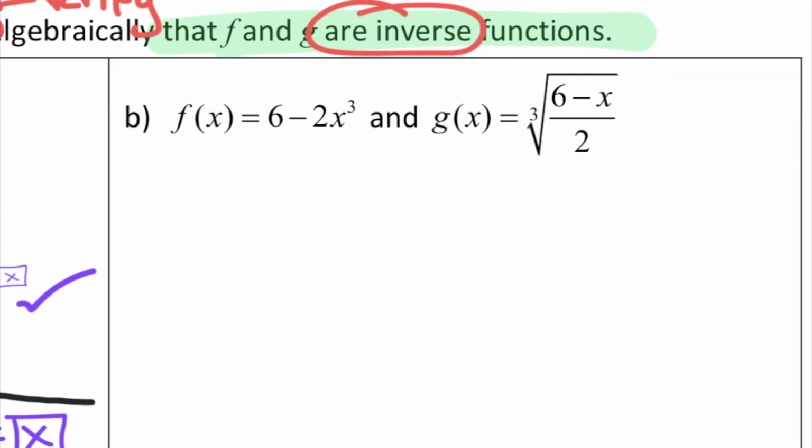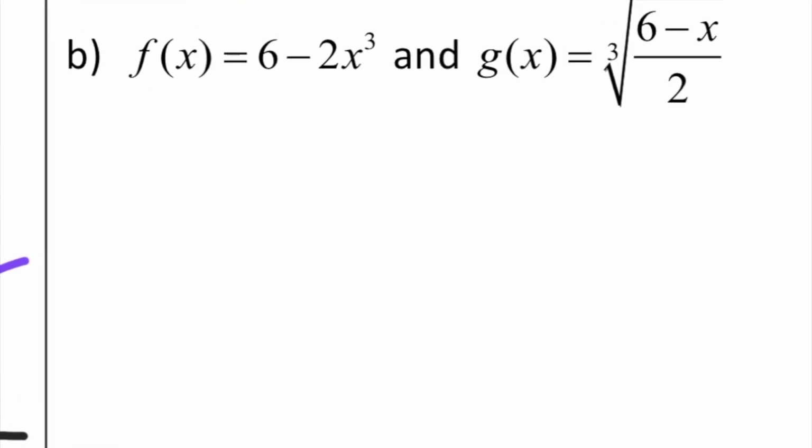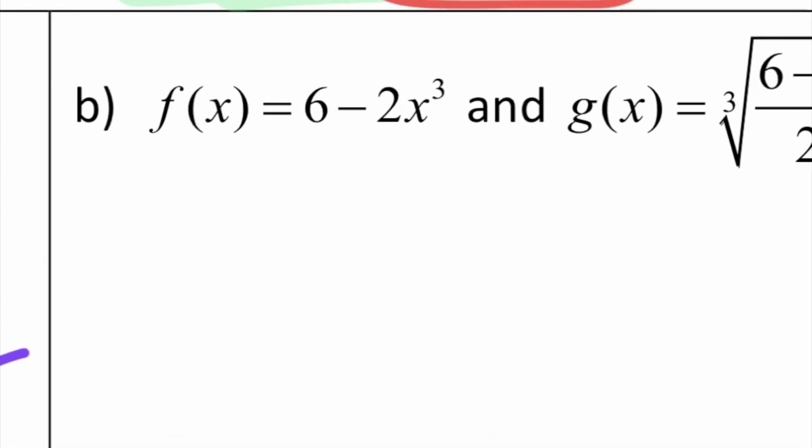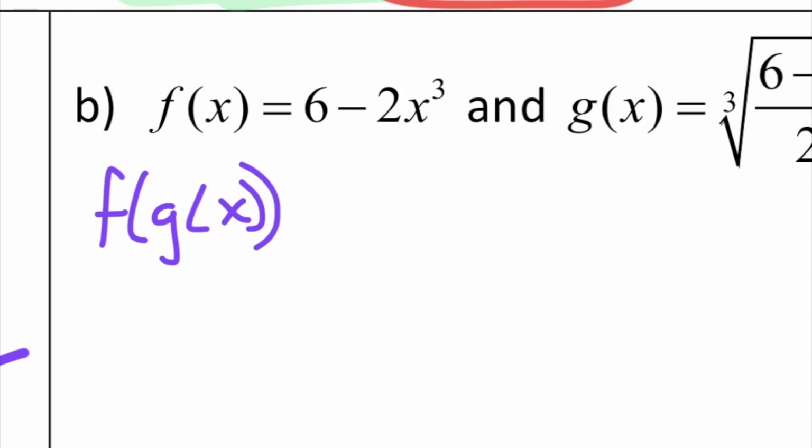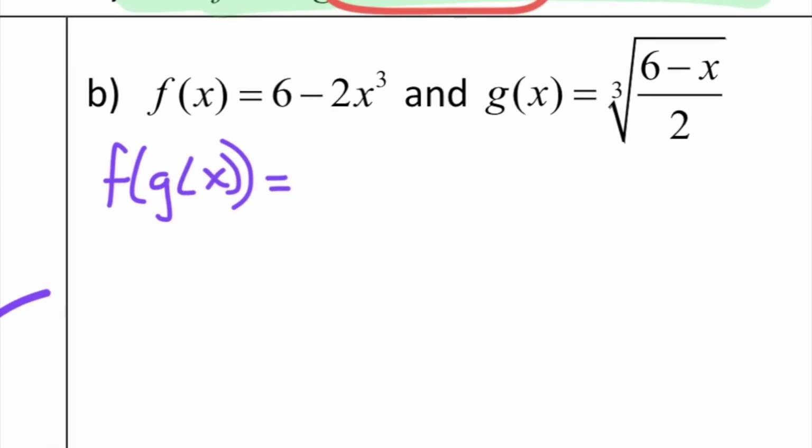So for letter B here, I again want to prove that f of g is equal to x and g of f is equal to x. So I am going to start with f of g of x. Hopefully I will use my space wisely. And so I'm going to take this huge cube root and I'm going to put it where it's x cubed.